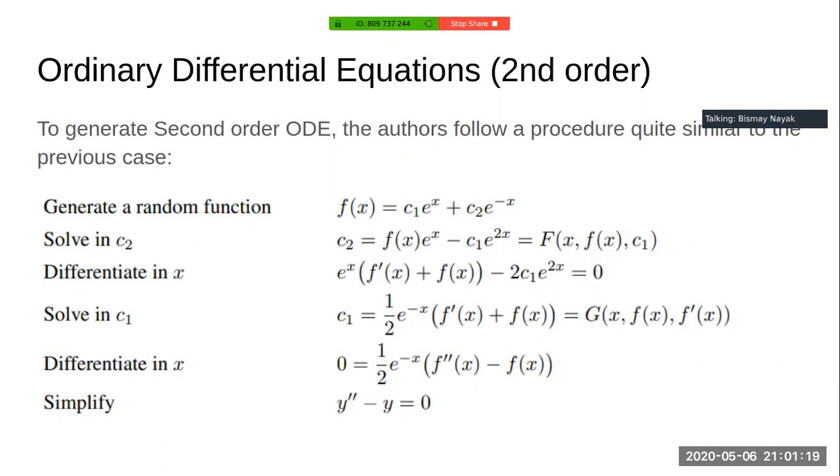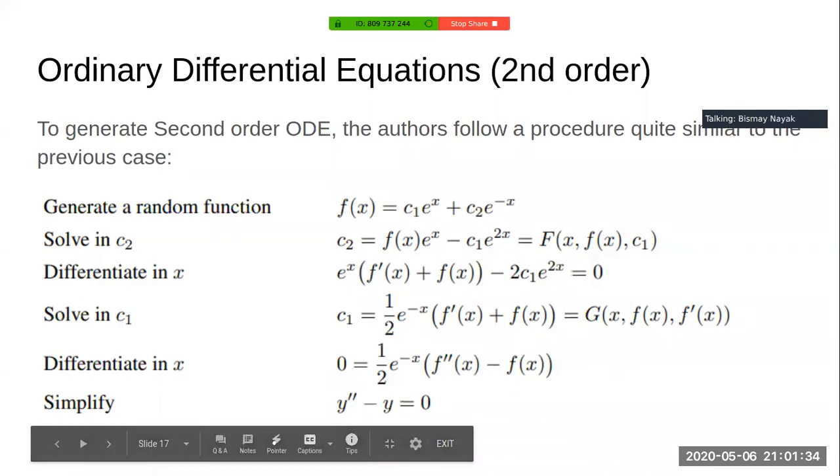So the authors just restrict it to be solvable in c2, and after we solve it with respect to c2, we differentiate it with respect to x, then solve it in c1, and then differentiate again. So there is double differentiation here, which leads to the creation of second order differential equations.